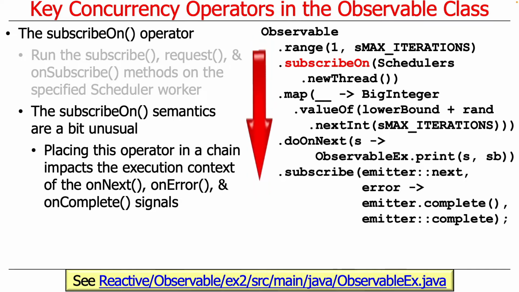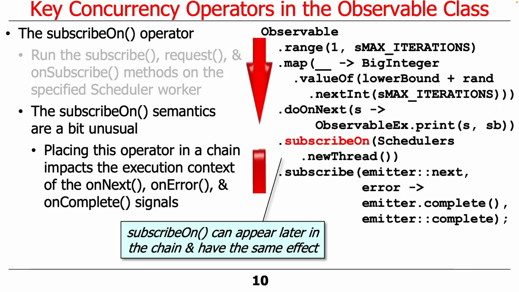So here's an example where we put subscribeOn after the range call, which we'll take a look at shortly. And what will happen is, starting from range, everything will run in the thread that's designated here in the parameter we passed to subscribeOn. Interestingly enough, we could move subscribeOn down in the chain, and that would still have the same behavior.